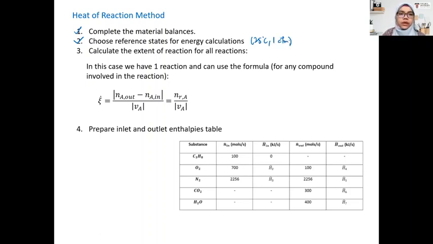Okay, and then after that, since we have one reaction, we can use this formula to calculate the extent of reaction. And then we can prepare the inlet outlet enthalpy table here. We have about 5 substances here, so you put a reference for each substance at 25 and 1 atm.